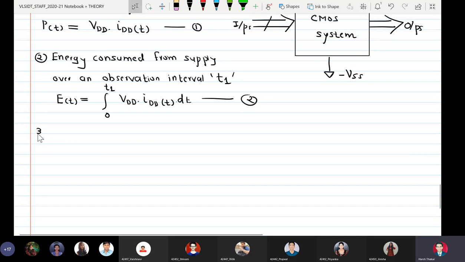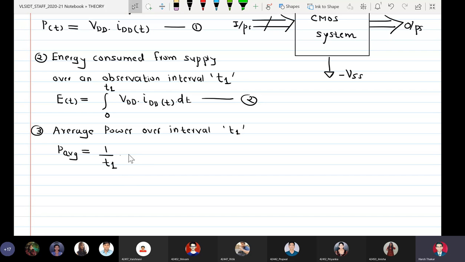And last is the average power consumed from the supply. Average power over interval T1 is PAVG equals 1 over T1 times the integration from 0 to T1 of VDD times IDD of T dt.